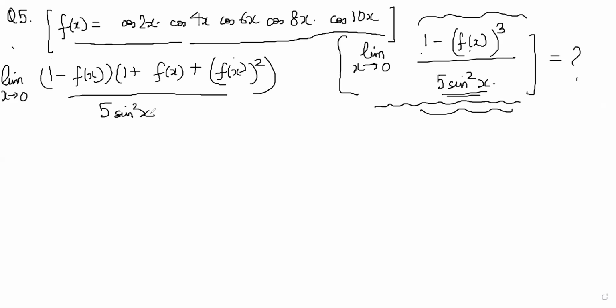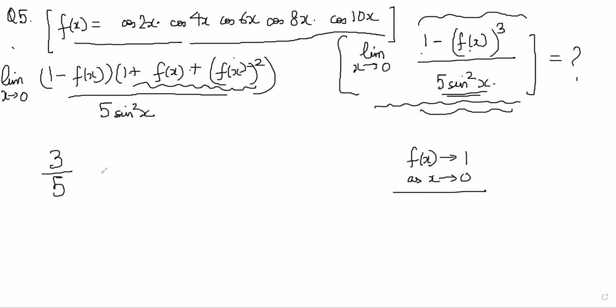Now notice that f(x) tends to 1 as x tends to 0. So this part is no longer a problem for you. Therefore, it should be 3 by 5. It will be 1 plus 1 plus 1. Limit of x tends to 0, (1 minus f(x)) by sine square x.